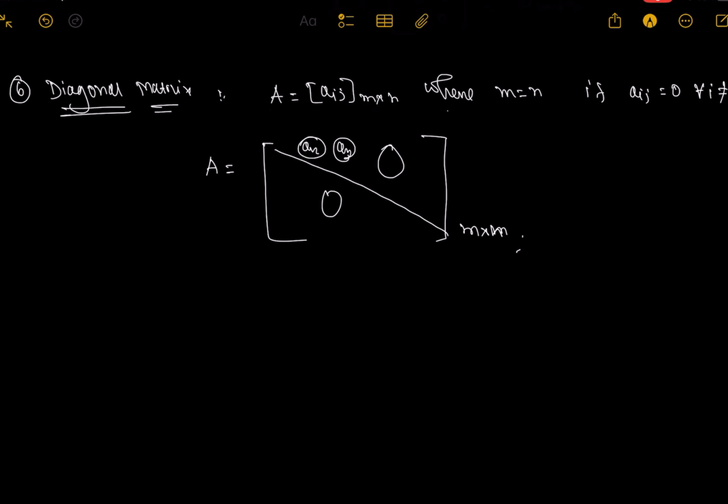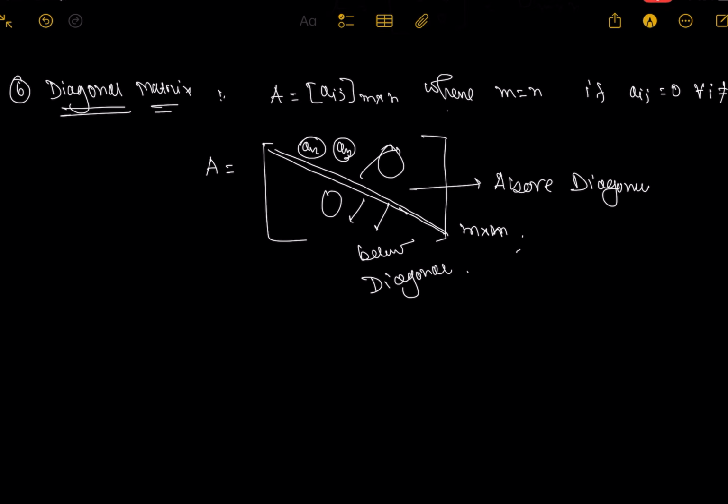This is the diagonal, this is above, this is below. For this case, this is the below diagonal, and these elements are called the diagonal elements.